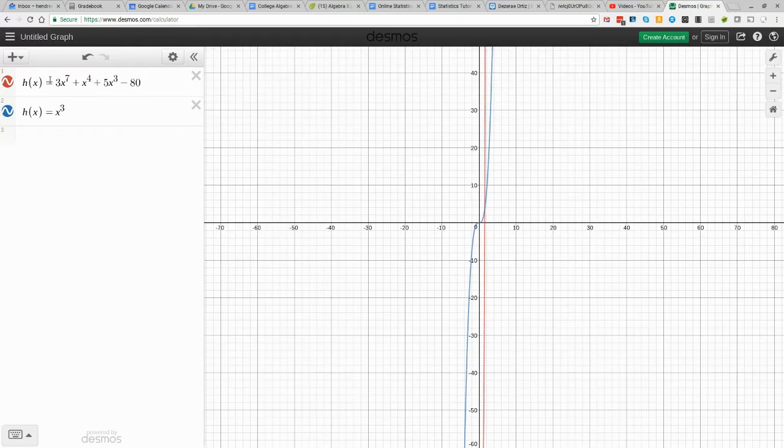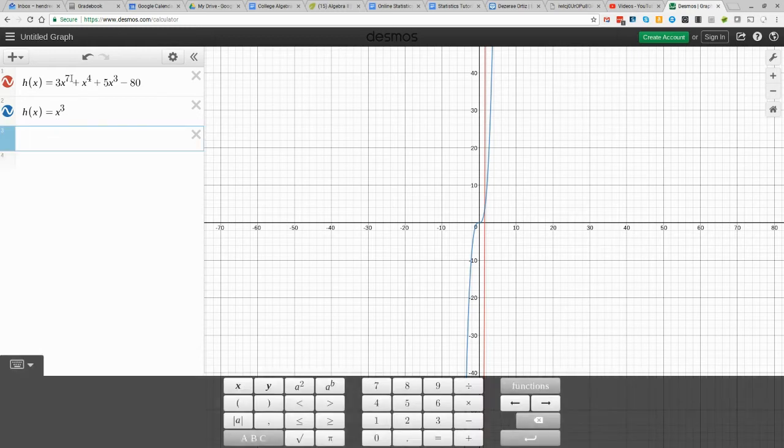And that's always going to be true. You can just pay attention to the lead term of the polynomial. Here it's to the 7th power. If it's an odd power, it's going to look basically like the cubic function. The only thing is whether this has a positive or negative lead coefficient.